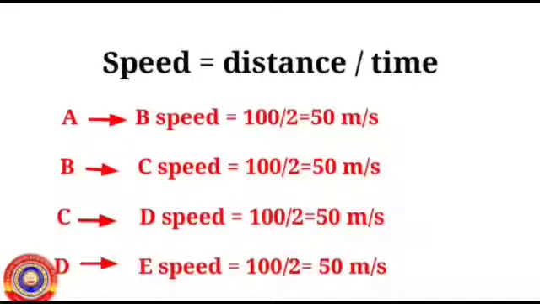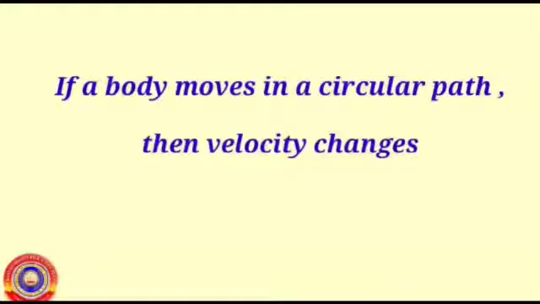When we find the speed at each interval, it was found that the speed is the same, but its direction changes. If the direction of motion changes, velocity changes. In a circular path, the direction changes, so its velocity also changes. A body moving in a circular path doesn't have uniform velocity.